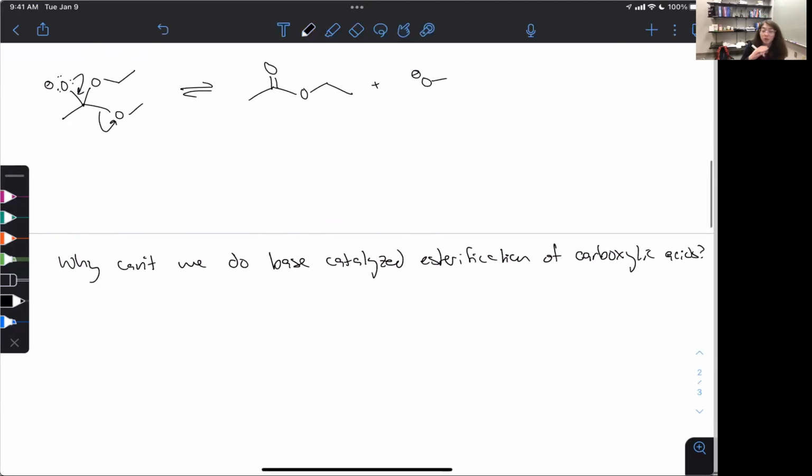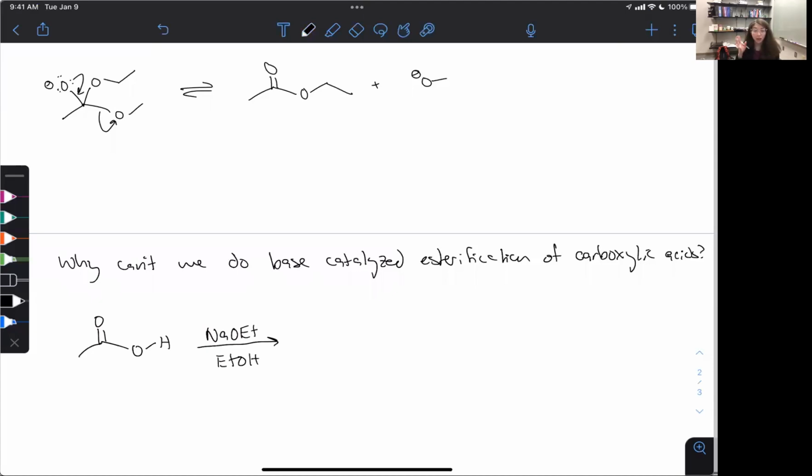Okay, so why can't we do a base catalyzed esterification of carboxylic acids? So let's look at what happens when we've got a carboxylic acid here and a base. So let's go with sodium methoxide again, why not?